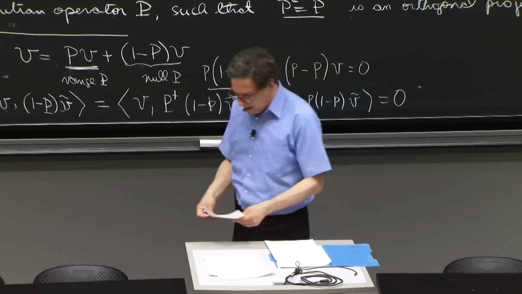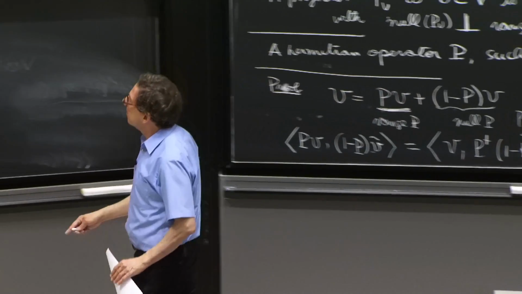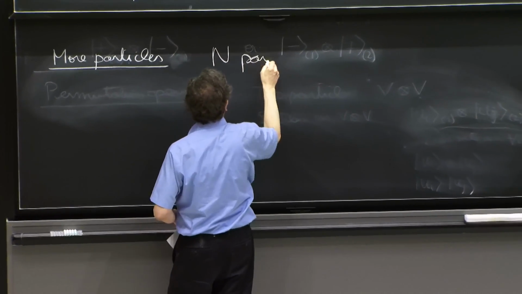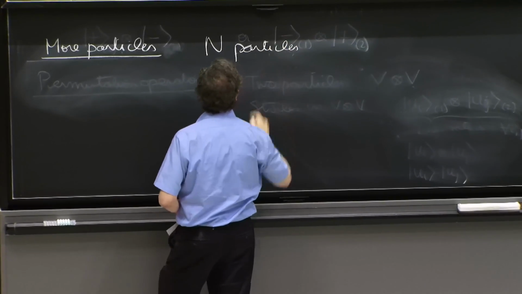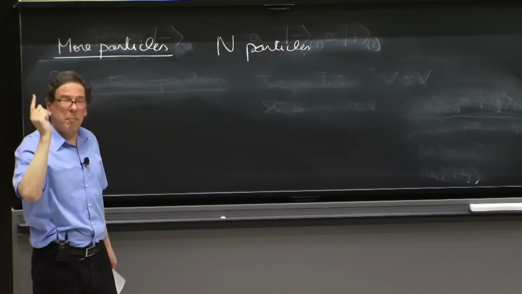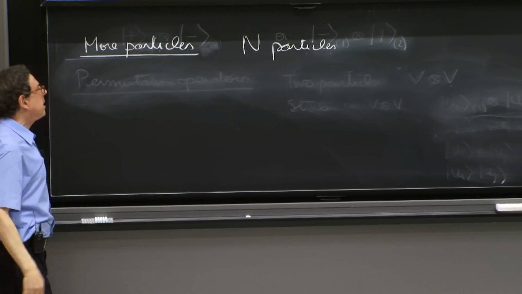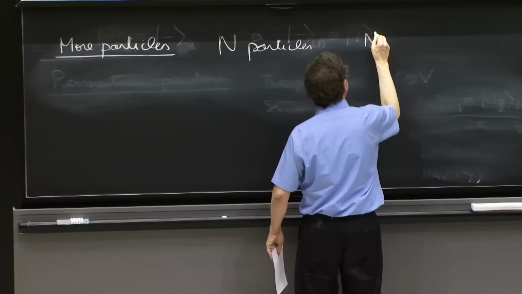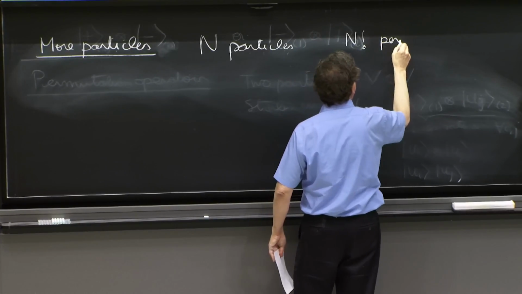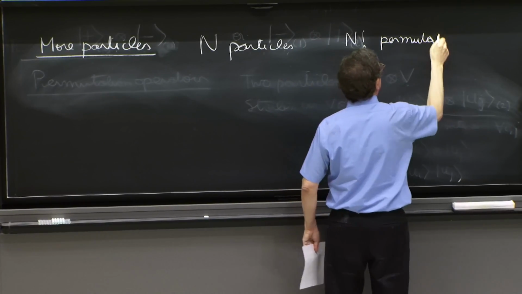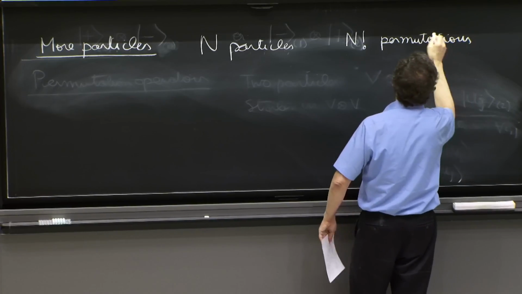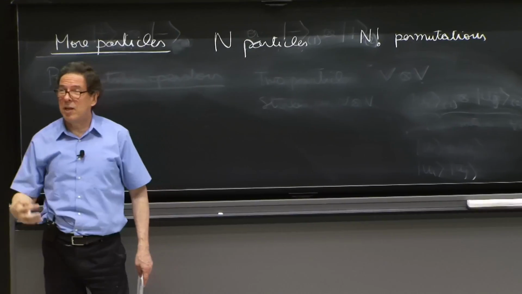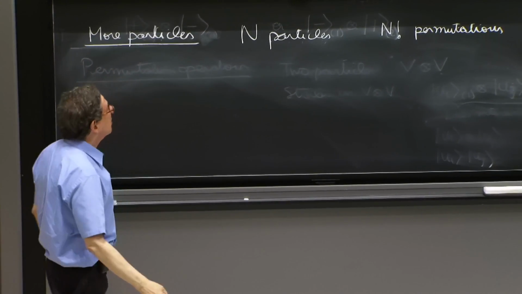So if you have n particles, capital N, we can consider also permutations. And how many permutations are you going to have? You're going to have n factorial permutations. In notation of Hilbert space, n factorial permutation operators.